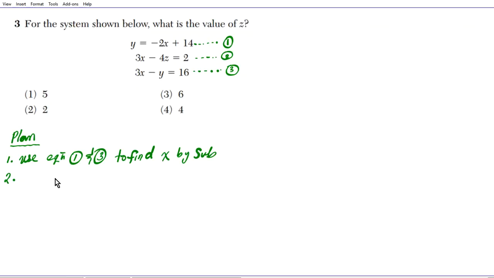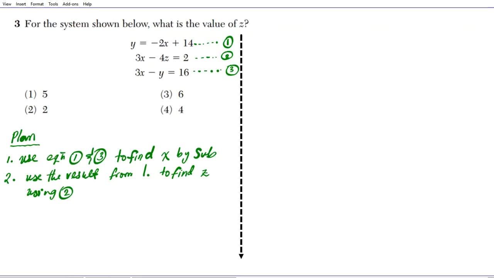After we find x, then we're going to use the result from 1 to find z, using equation 2. So as soon as we find x, we just plug in the value of x in equation 2 and we can easily solve for z. Okay, let's go ahead and put this plan to action and then you can see exactly what's going on.